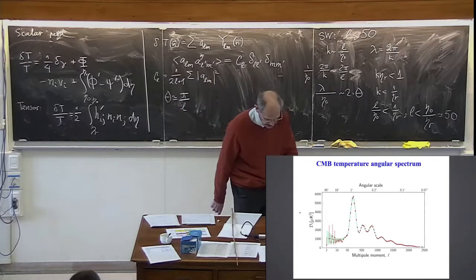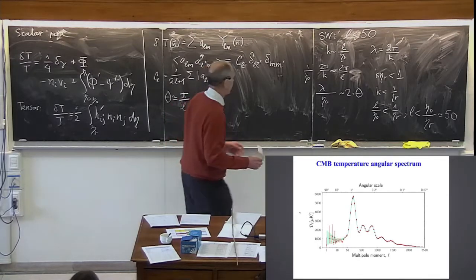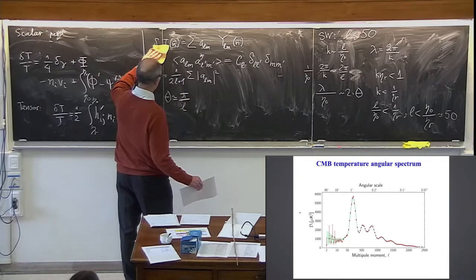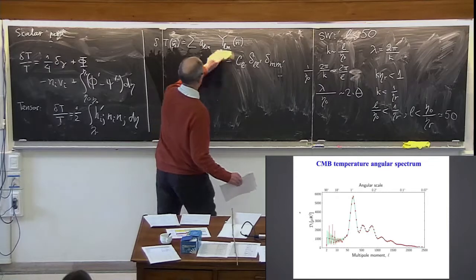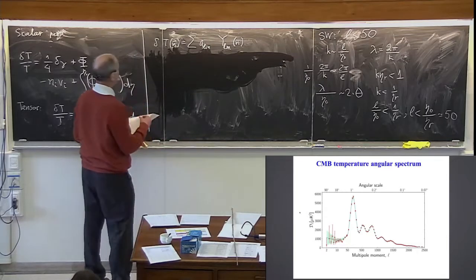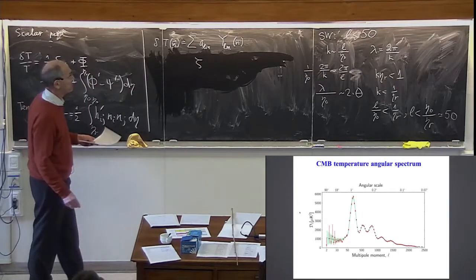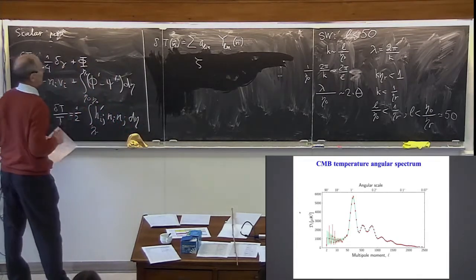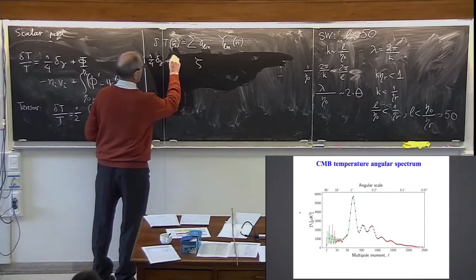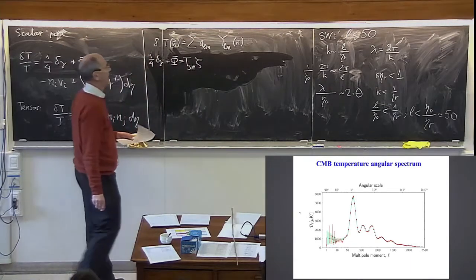Anyhow, for these modes, I have a relation that relates my initial perturbation, remember, we called it zeta, to the term that stays in the integrated Sachs-Wolfe effect. 1 over 4 delta gamma plus phi is some number, let me call it T_SW, times zeta.